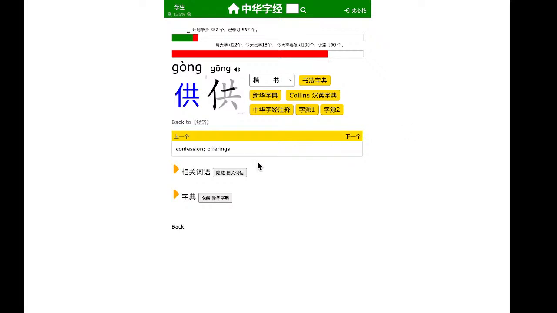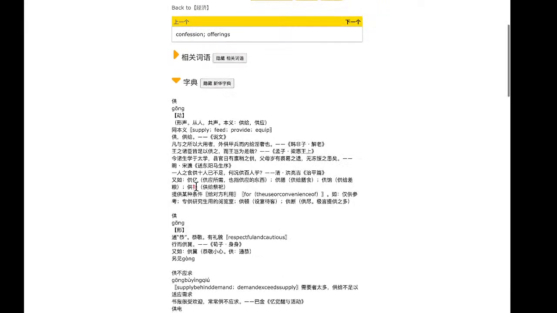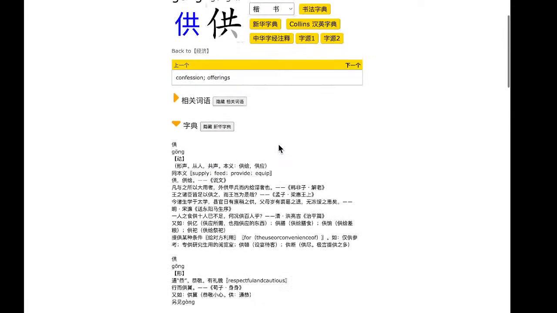And 供 refers to confession or offerings. So this 供 is a verb, and this 供 is a noun. This 供 also has verb meanings, which are pretty common. I don't know why they are not in the box. I think they should be.